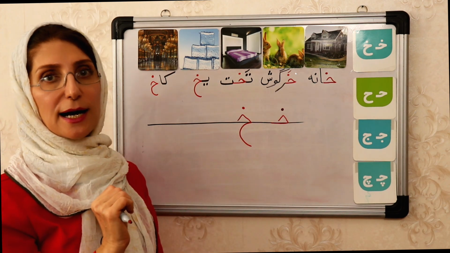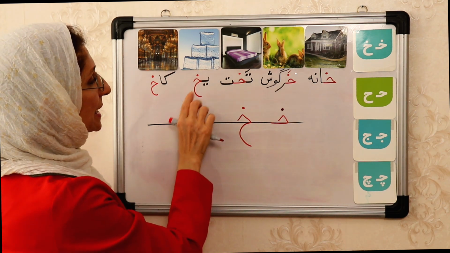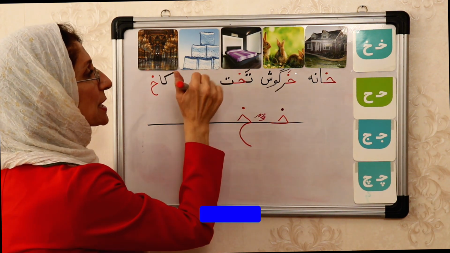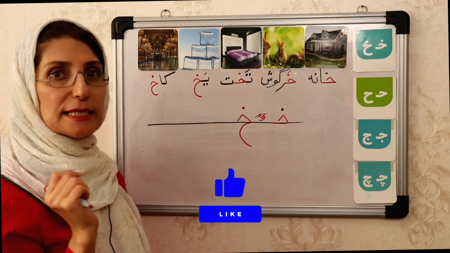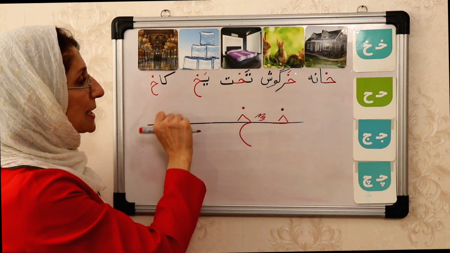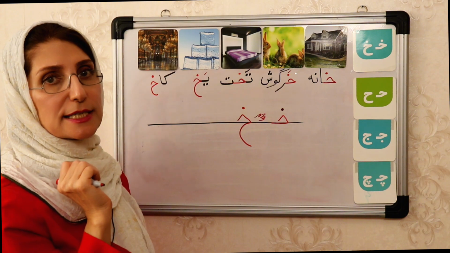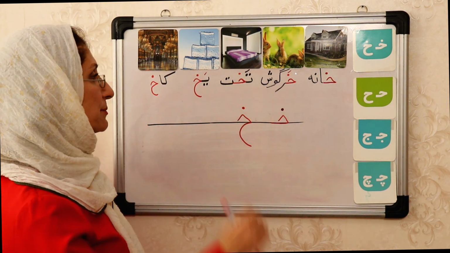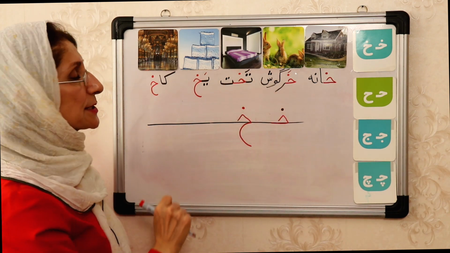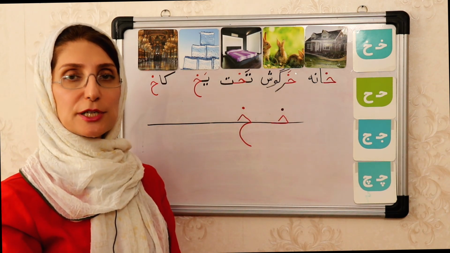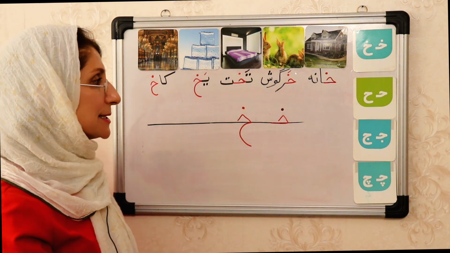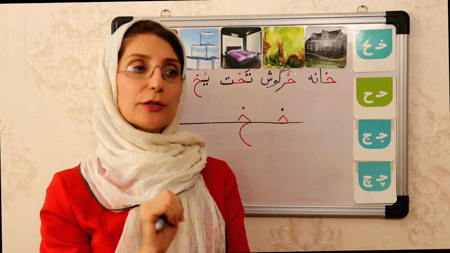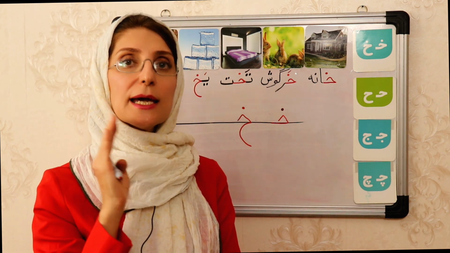The final khe can take the hand of the previous sound, as in the word yakh, ice, where khe took the hand of ye, and it can also come alone without taking the hand of the previous sound. For instance, in the word kakh. Kakh in Persian is palace.